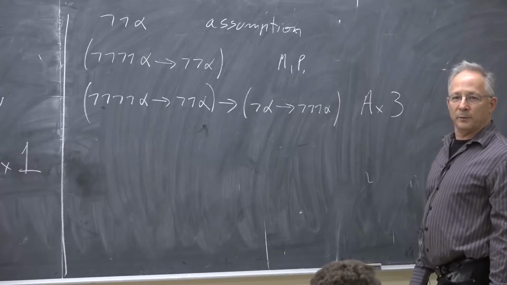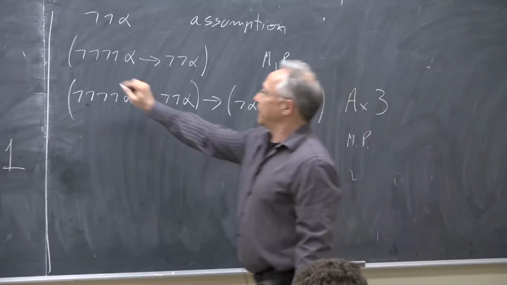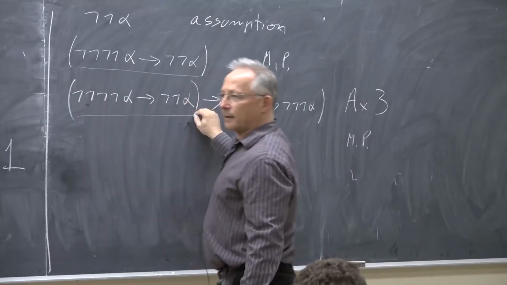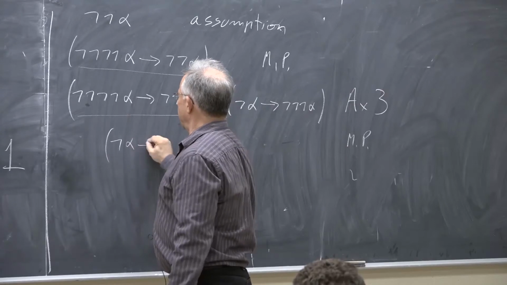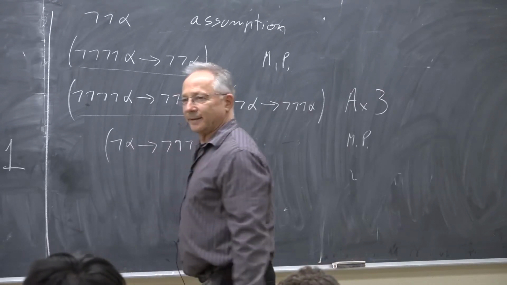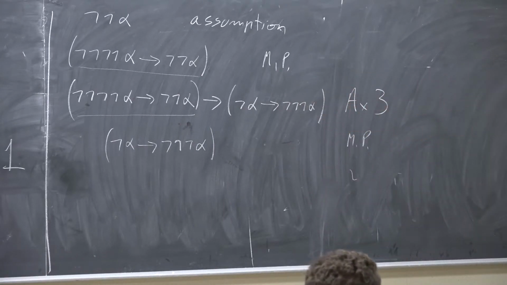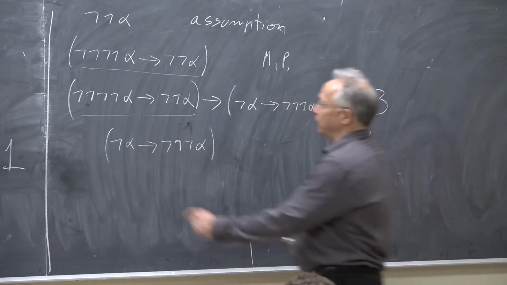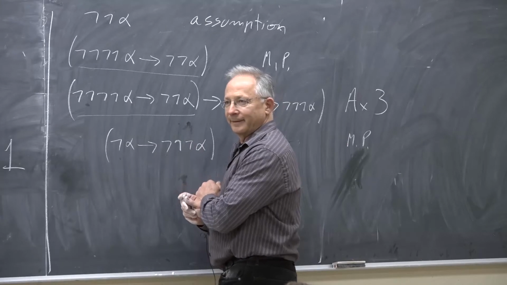Now what am I going to do? Modus ponens. So I can take this guy and delete them, and I'm left with not alpha arrows 1, 2, 3 alpha. Can you see how to proceed now? Yes. I'll use axiom 3 again. I will peel off another pair of negations and reverse the order.